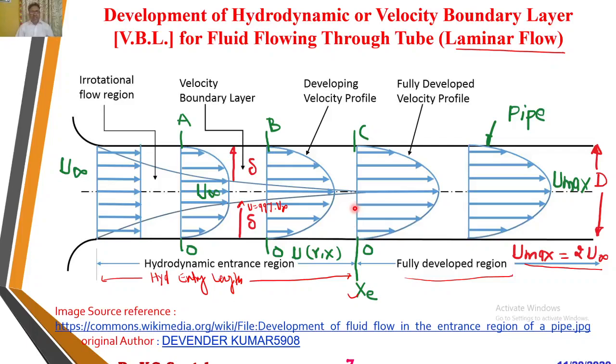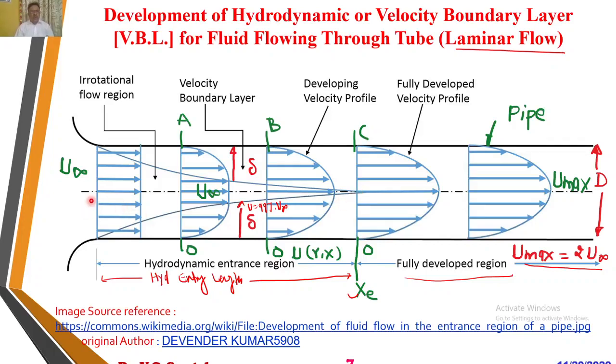Now at some distance from the inlet of the pipe, velocity boundary layer will grow in thickness and they will merge at the center line.